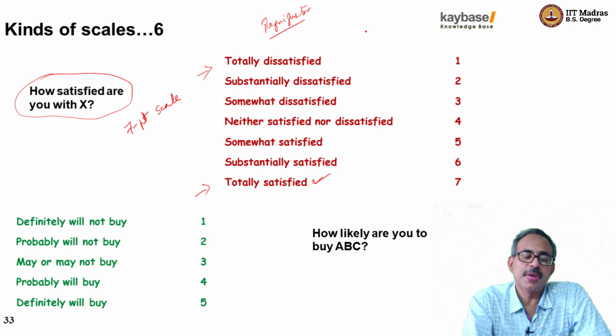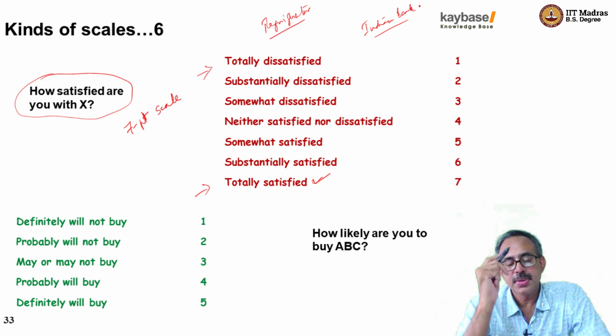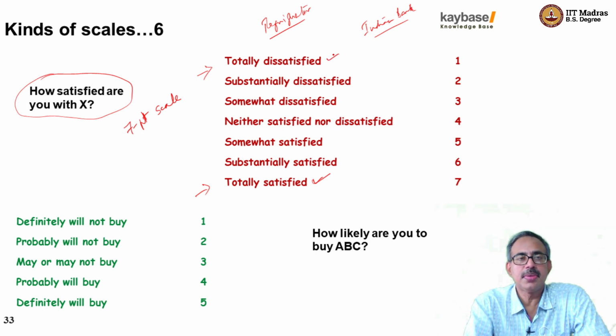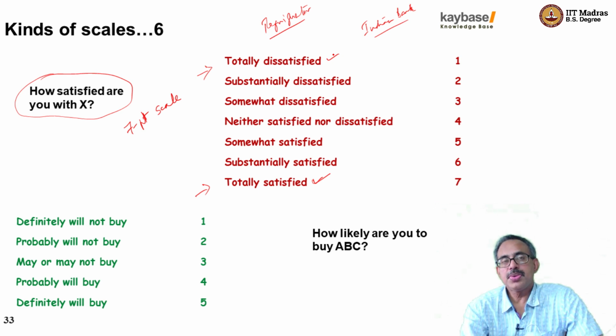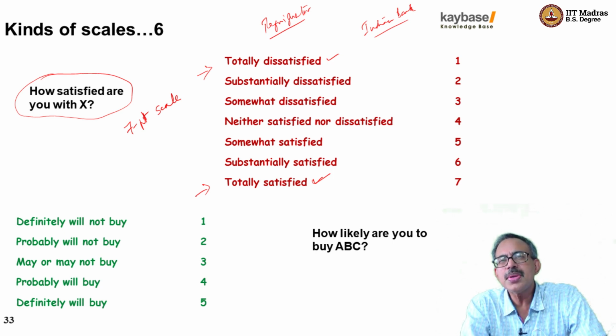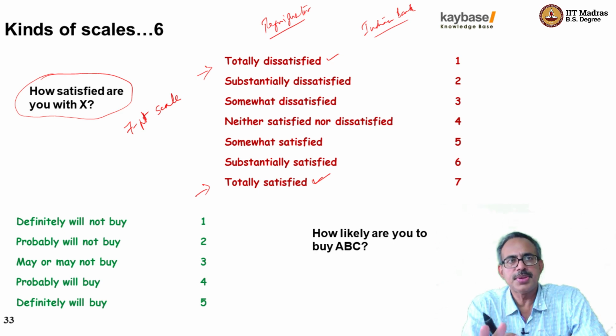Indian Bank. How satisfied are you? You have to choose from these options. I'm totally dissatisfied. You're totally dissatisfied. So now you get how the scale goes. You're totally satisfied or totally dissatisfied, nothing in between. Yeah? But some people are saying, yeah, I'm substantially satisfied. Some people say, I'm substantially satisfied, but there's one or two extremely small things. I'm somewhat satisfied, but I'm not really happy. All those options are possible.